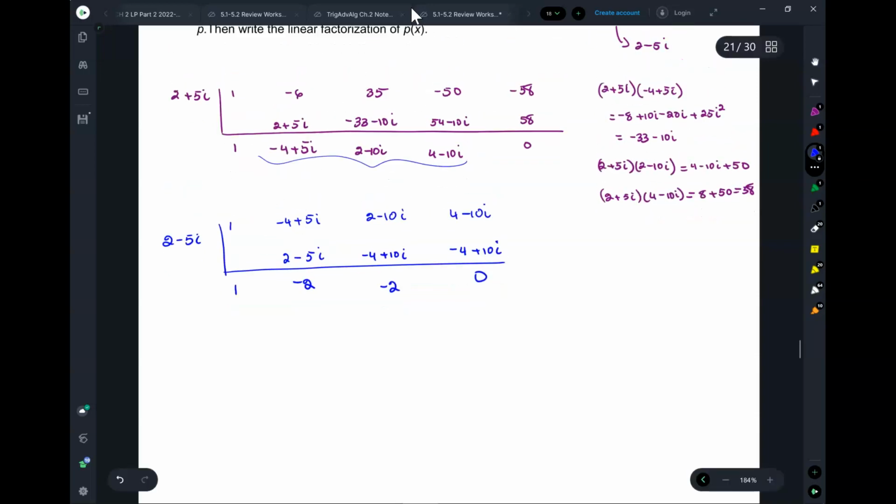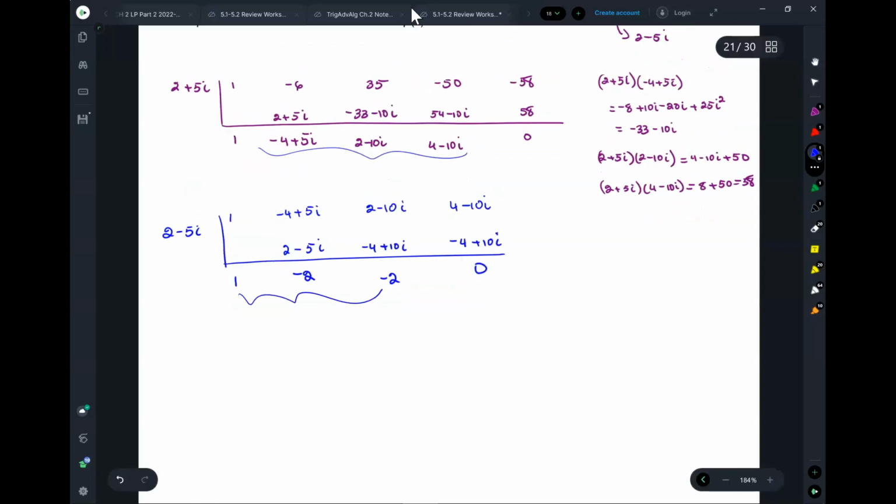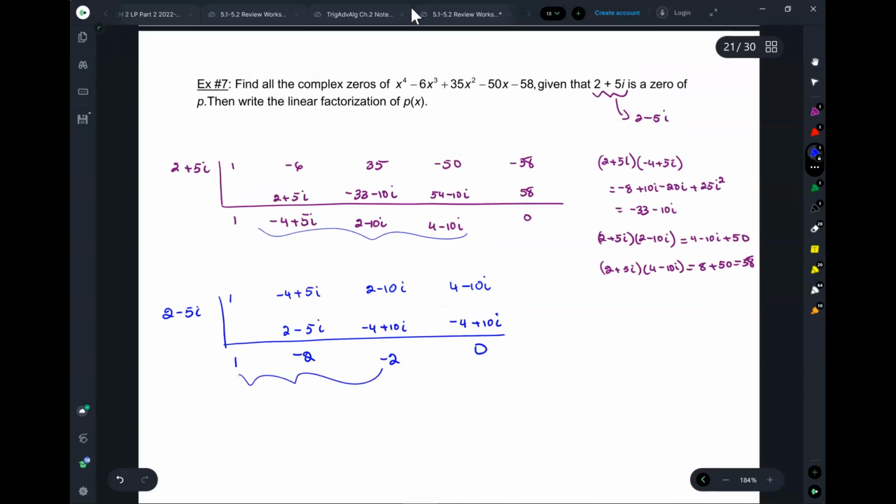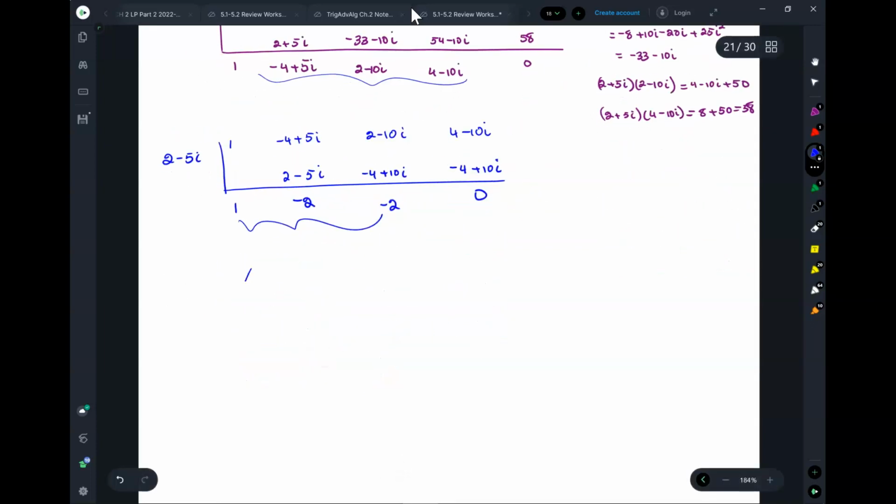So what do we do now? What's this polynomial going to give me? Originally I had x to the 4, got reduced to x cubed, got reduced to x squared. So this is x squared minus 2x minus 2. Okay? And we have to find the zeros, right?